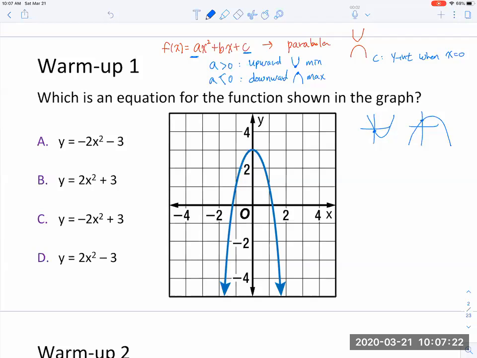We call this point the y-intercept. And think about it, it is always when x equals 0, because on the y-axis x is exactly 0. When x is 0, what would be y? That's exactly the question of the y-intercept. All right, so this is brief information.